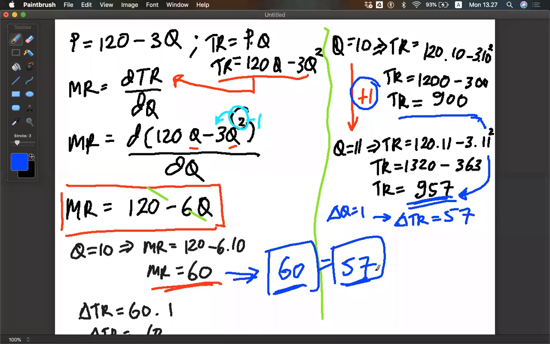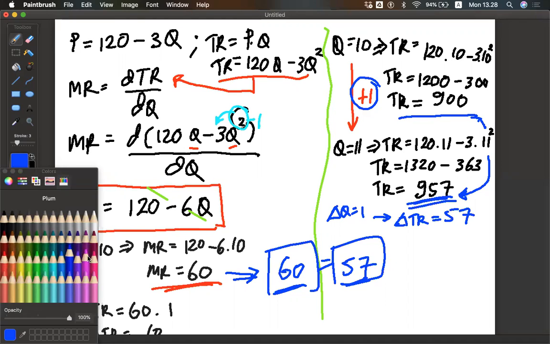So as an example, if we already know the marginal revenue, and then somebody, a boss or the company, asks how much the change or the marginal of revenue is if there is a change of 100 or 1,000 in quantity, we just need to multiply by 60. For example, if there is a change of 1,000, then we don't have to put 1,000 into the equation and calculate the TR.